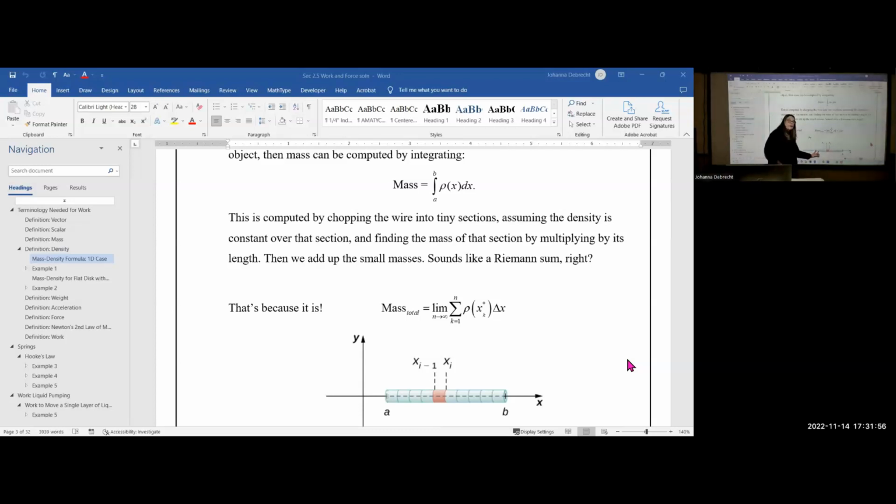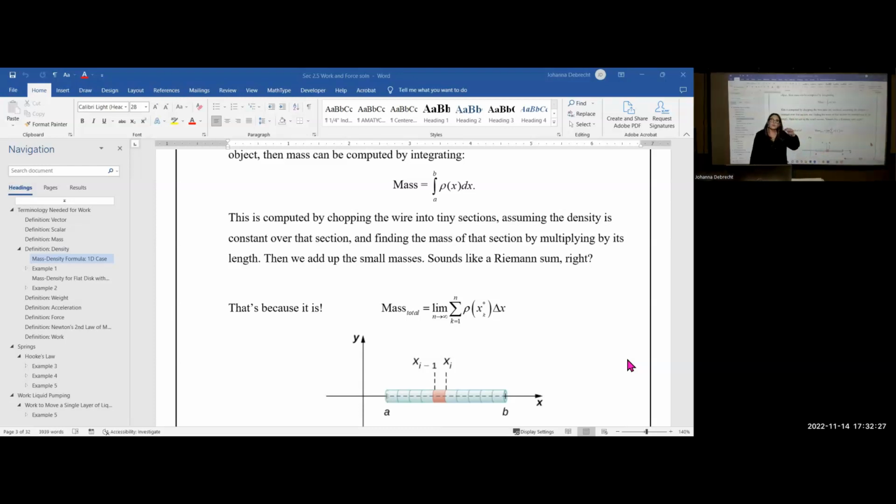We're going to allow the widths of these partitions to go to 0 as we increase the number of partitions to infinity. Sounds like a Riemann sum, and of course it is. So what we're going to do then is compute the mass of each individual little slice by taking the density function rho of x and multiplying by delta x, which is the length of that particular slice.